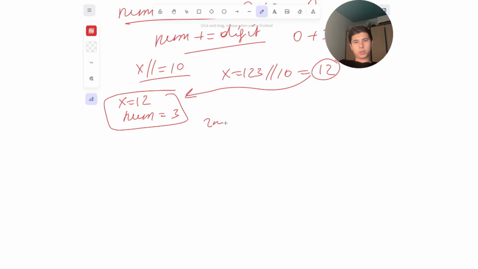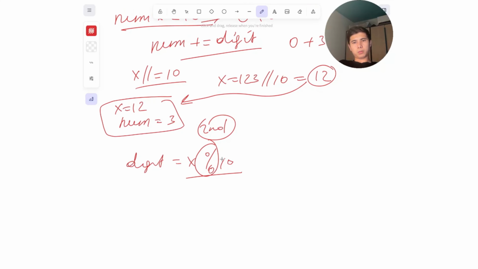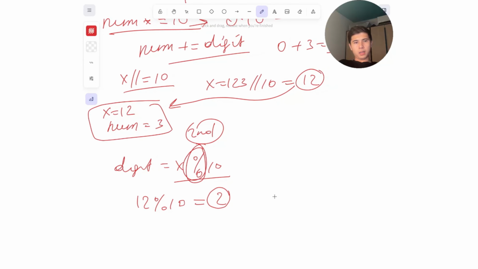Second iteration we can see here. Digit again equals x mod 10, not actual division, taking the numerical remainder. 12 by 10 gives 2, so the digit becomes 2.